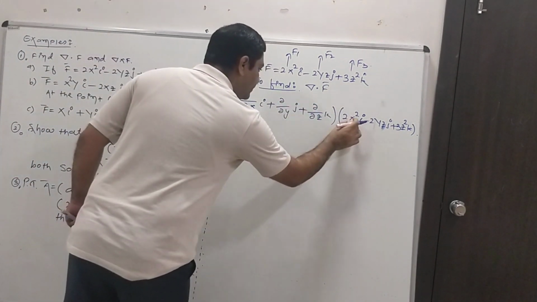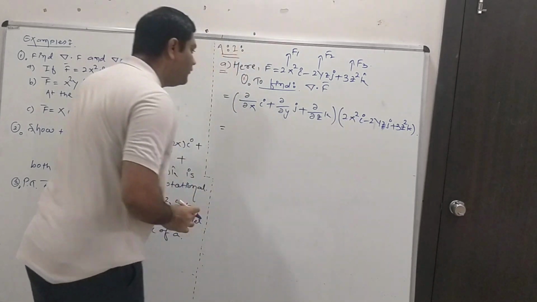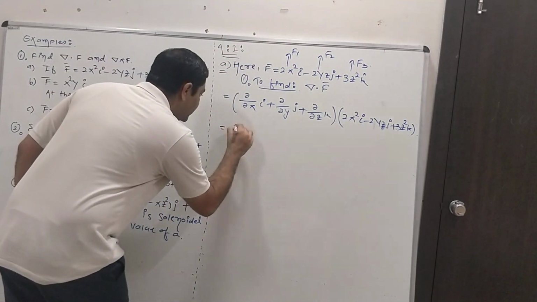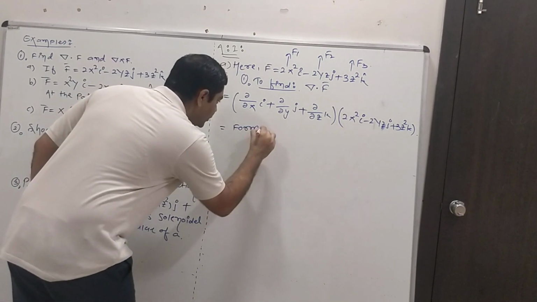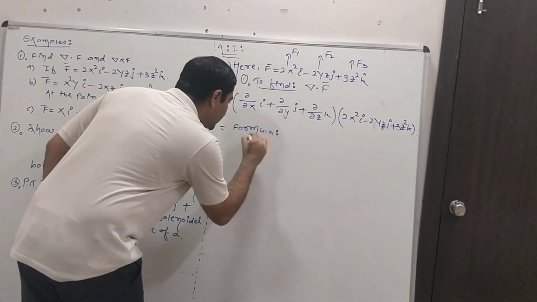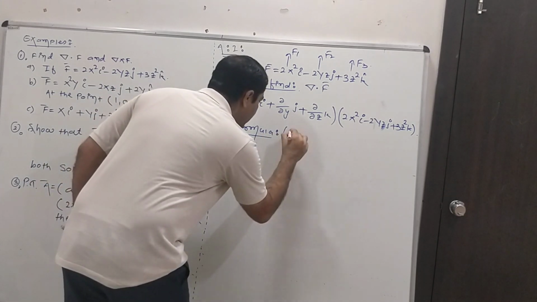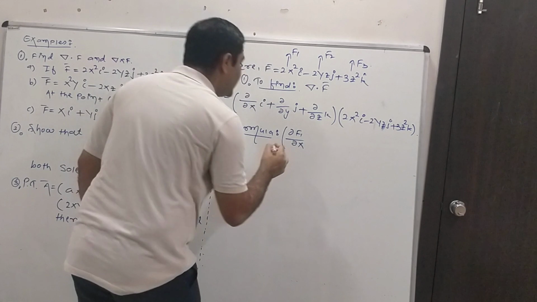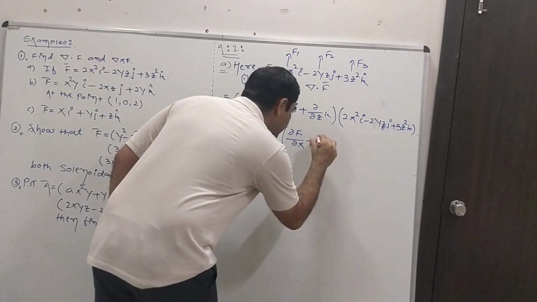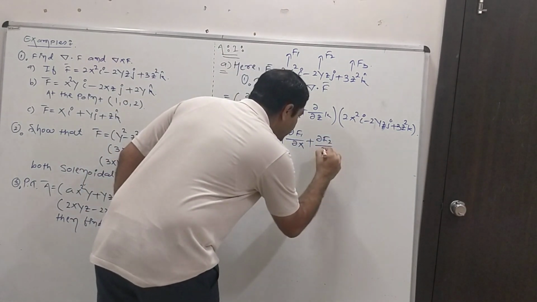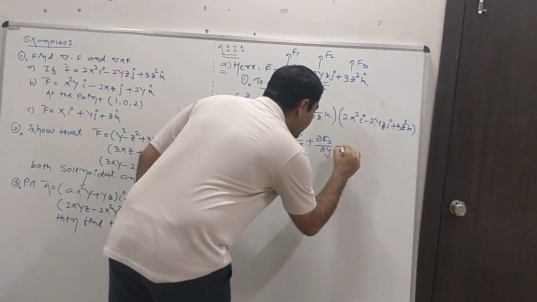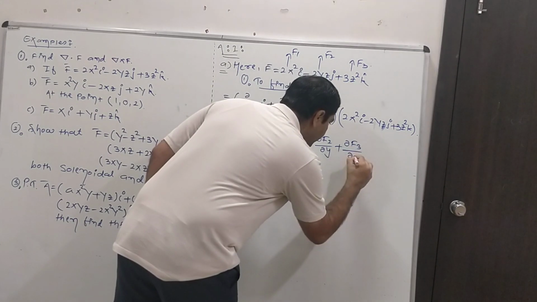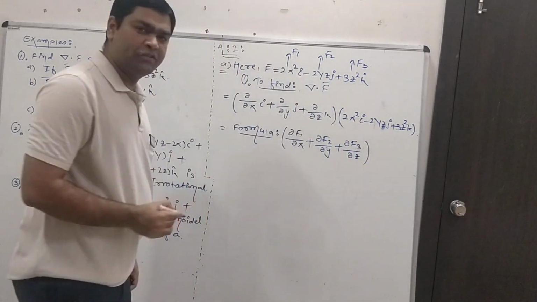Now we'll find the partial derivative of f1 with respect to x. So what is the formula? The formula was del f1 by del x plus del f2 by del y plus del f3 by del z, students.